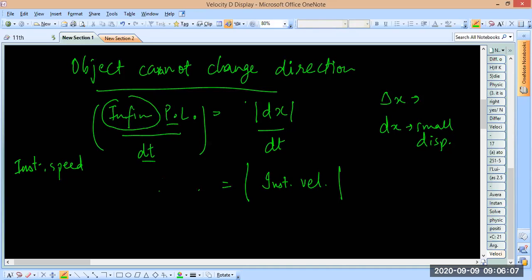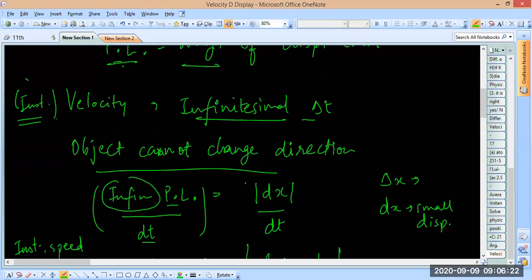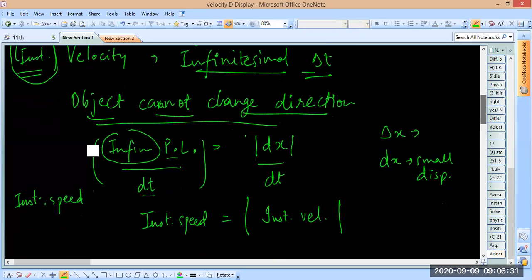So this is how we get this definition. I've gone into full detail, but this is for students who want to understand it completely. The basic idea is that right now we are talking about instantaneous, meaning infinitesimal time interval, so the object cannot change direction in that interval. Then infinitesimal path length equals the modulus, the magnitude, of small displacement dx.